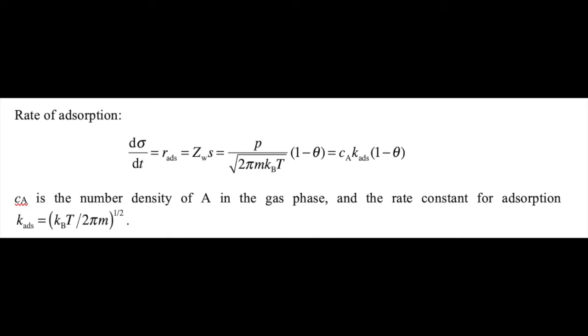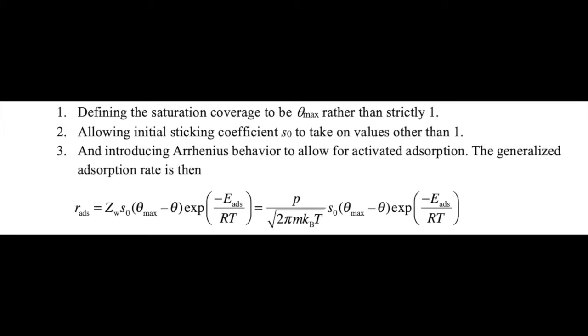We can extend the Langmuir model by defining the saturation coverage to be some number theta max rather than strictly 1. We can allow the initial sticking coefficient S0 to take on a value of something other than 1 when you hit an empty site. And you can introduce Arrhenius behavior to allow for activated adsorption.